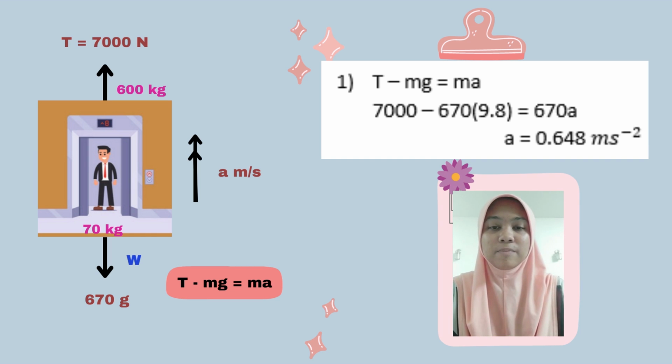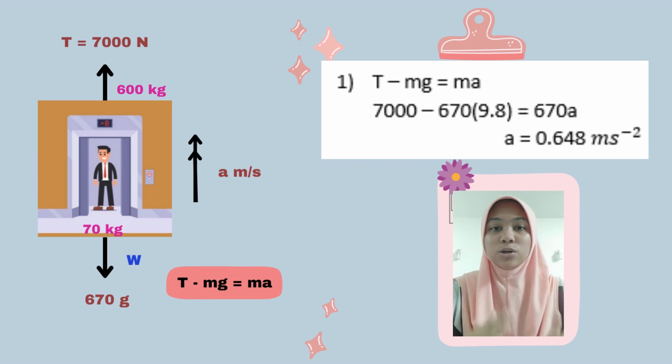How do we determine it? We have to look at the acceleration's direction first, whether it's moving upwards or downwards. For this question, the acceleration direction is upwards, which is the same direction as the tension. So I choose this formula, which is T minus mg equal to ma.